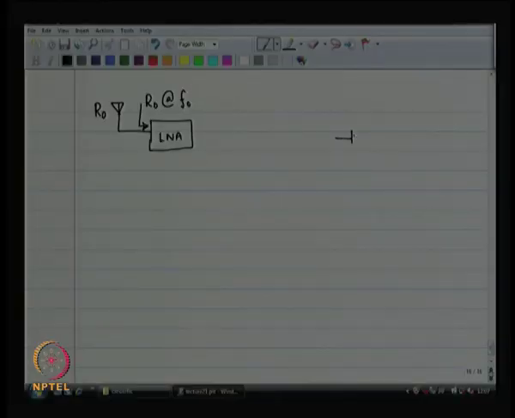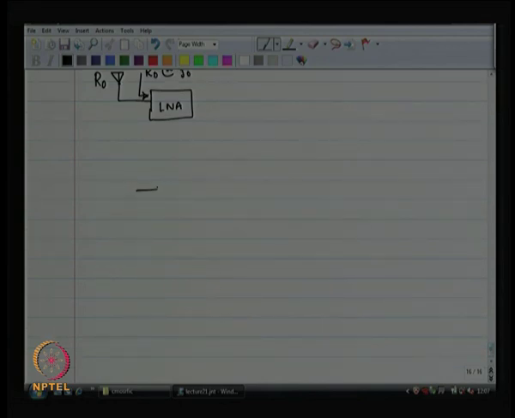First of all, if you think of what you studied earlier, long back when we did matching, probably in the initial part of this course, we had a matching network. This matching network was made up of inductors and capacitors.